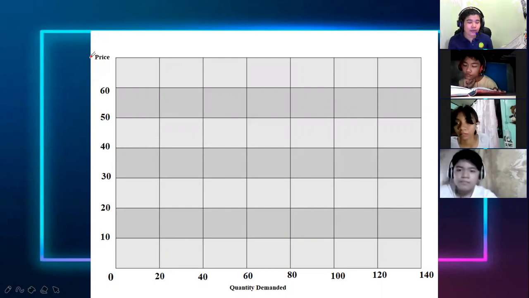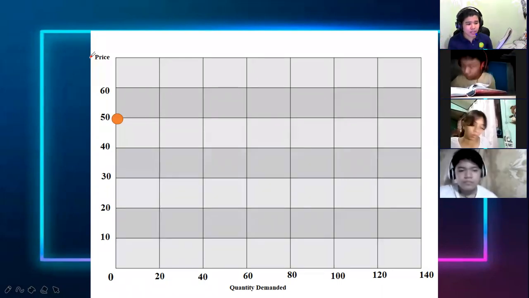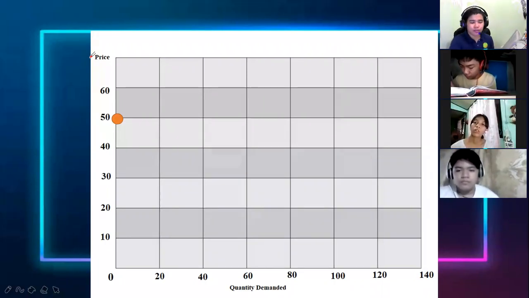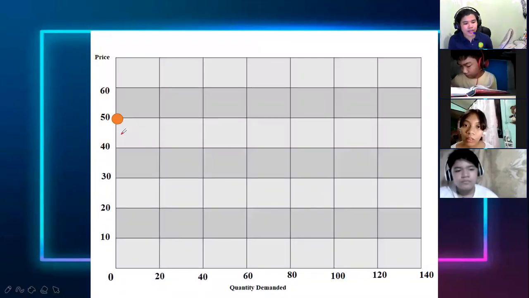So if the price is 50, demand is 0, and the point is plotted there. In point B, if the price is 45, the quantity demanded would be 20. Then points C, D, E, F.